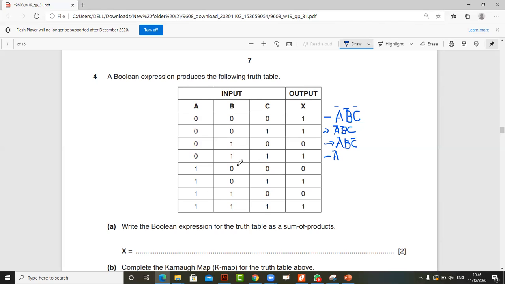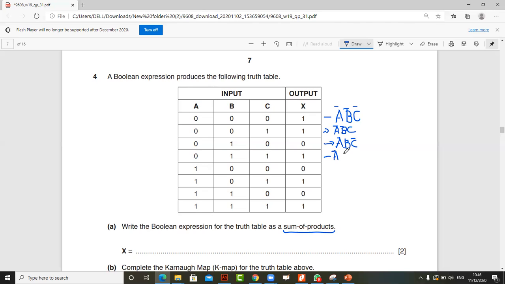No beta, we are doing that because we write the Boolean expression for the truth table as sum of products. In sum of products, X is equal to what will X be? I'll show you exactly. Okay? How do we use sum of products? I'll just tell you how to work with sum of products.